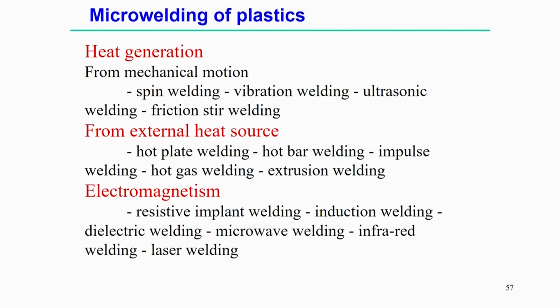Then there is electromagnetism, which also drives the micro welding of plastics. The typical processes include implant welding, induction welding, dielectric welding, microwave welding, infrared welding and, of course, laser welding. All these come under the categorization of electromagnetism.